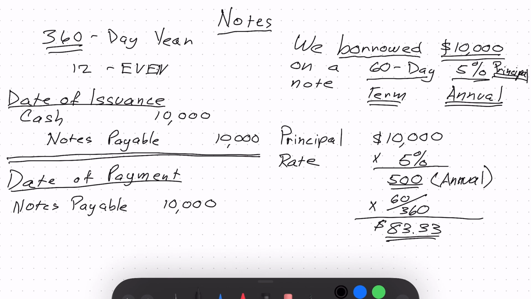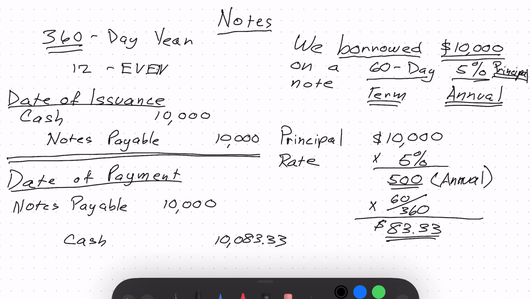But whoever lent us this money is expecting to get back more than $10,000. They're expecting to get back that $10,000 plus our $83.33. So we know our cash is going out; I'm going to skip right down to the bottom and put my cash going out. It's going to be $10,083.33.